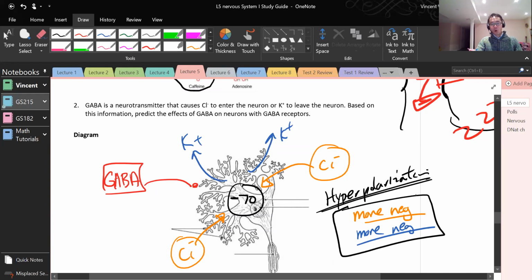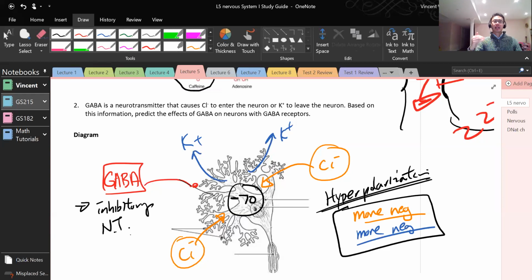Which makes it more difficult to reach the threshold of -60, right? So based on this information, GABA is an inhibitory neurotransmitter. Okay. If you have something that makes the resting potential more negative, then it has an inhibitory effect. If you have something that makes it more positive, then it has an excitatory effect.